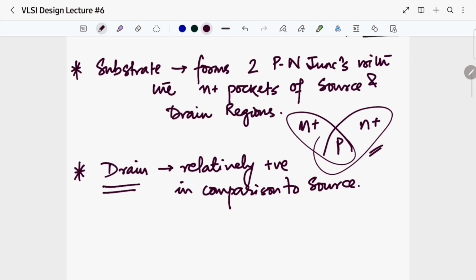So that means if we are applying the voltage at drain, there has to be some grounding. That grounding part or negative voltage part will be the source terminal.